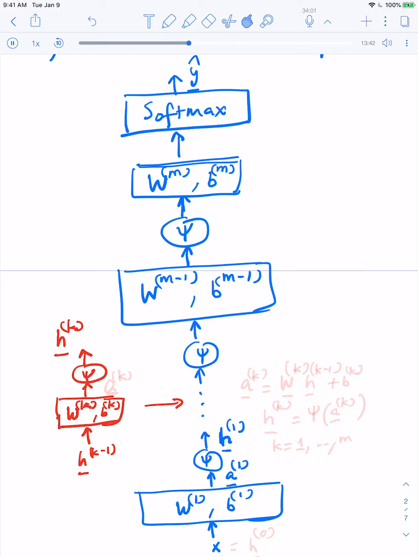So that's the picture we have, and here the output, of course, is AK.